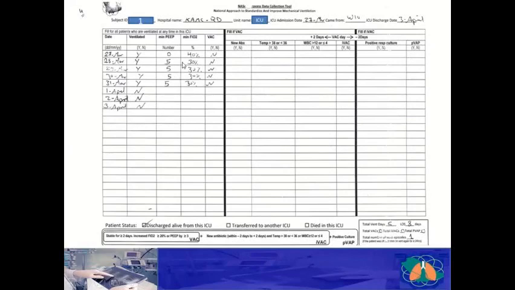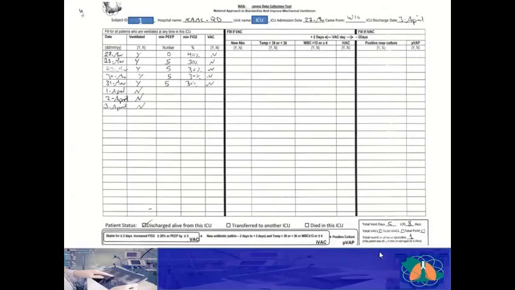As you can see, the patient was stable during the whole length of stay. The patient was discharged on the 3rd of April, which makes it 8 days length of stay in this ICU. The total number of VAC, IVAC, and PVAP were all documented as 0.